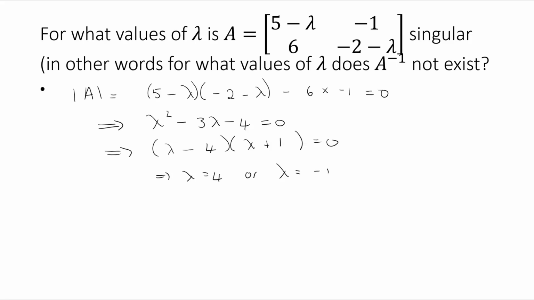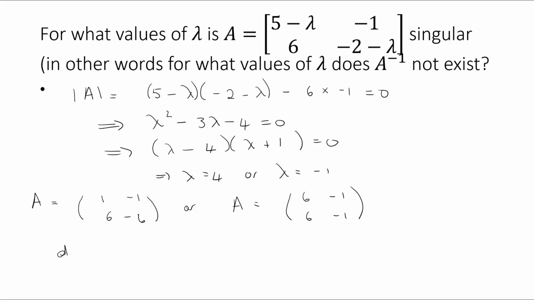And if we put both of those into A, we would get that A was equal to 1, -1, 6, -6, or A is equal to 6, -1, 6, -1.